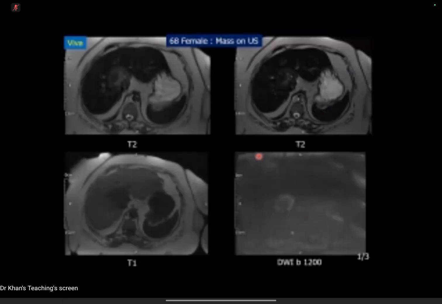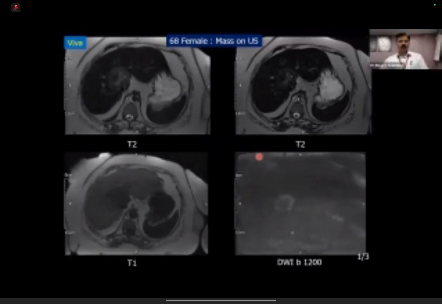On T1 the signal is hypointense. Okay, so with this bright DWI, high DWI, benign or malignant?